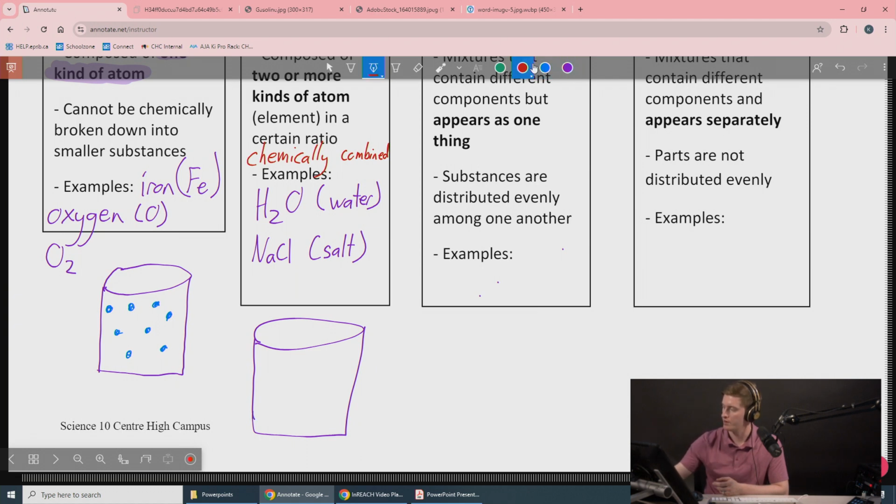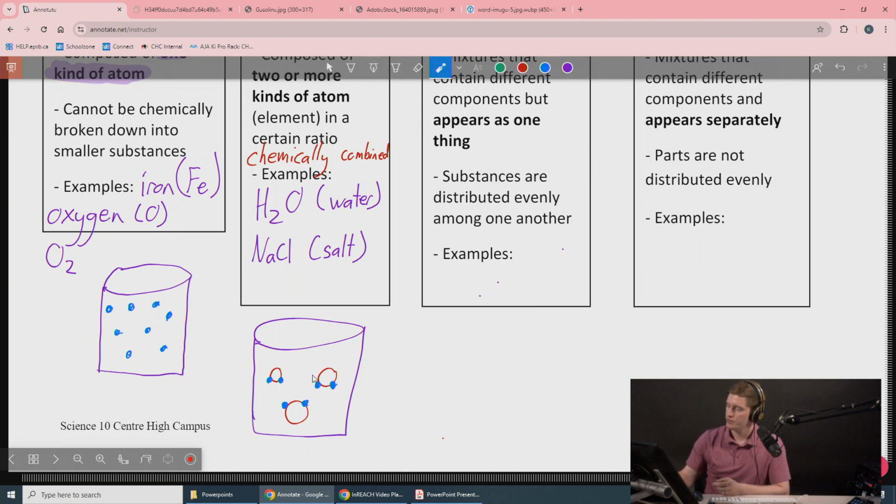We'll make this water. We'll make this an oxygen, and it's got some hydrogens attached to it. This is an oxygen, and it's got some hydrogens attached to it. The oxygens are getting progressively bigger, but that's just my drawing.